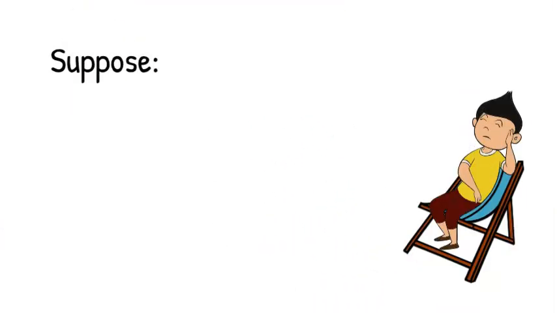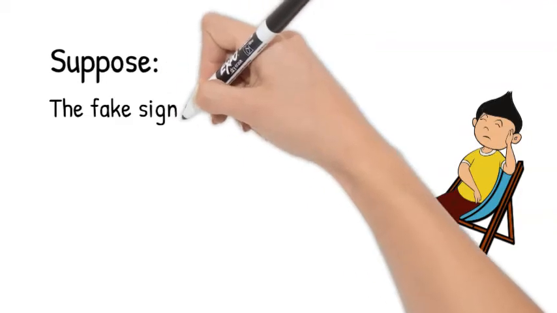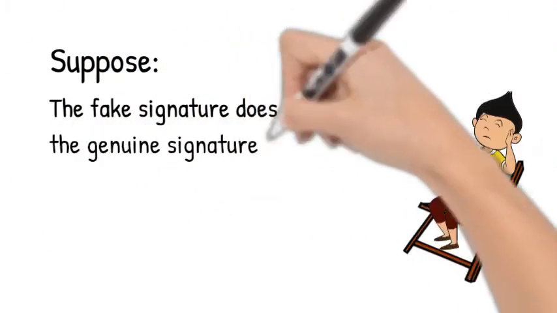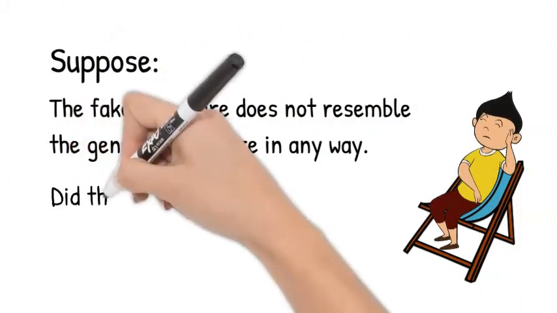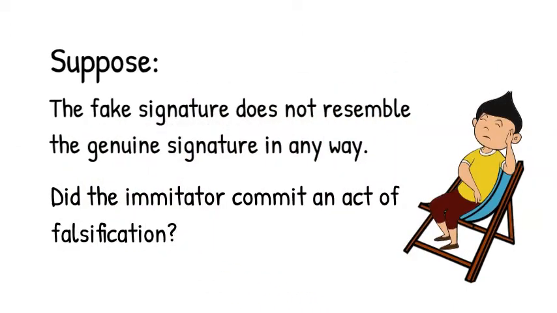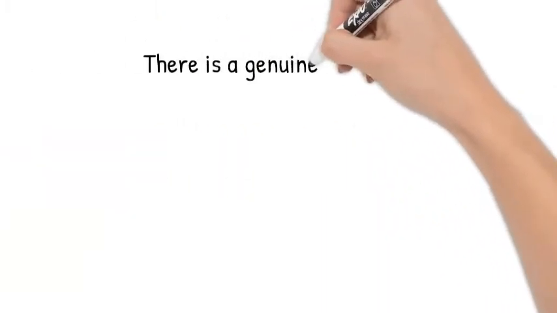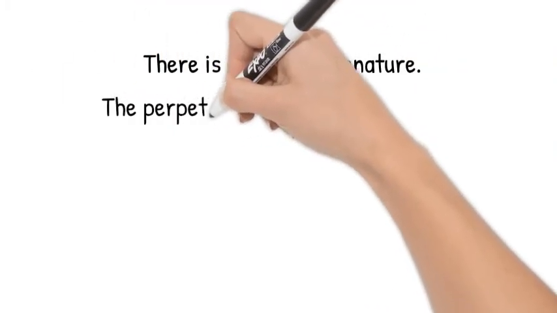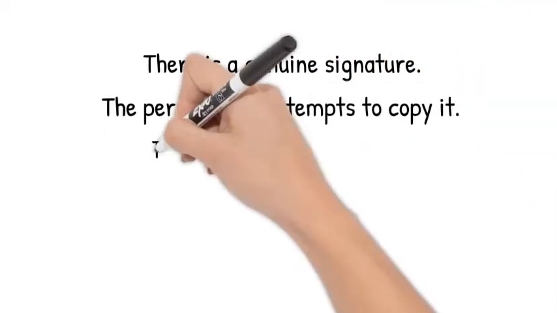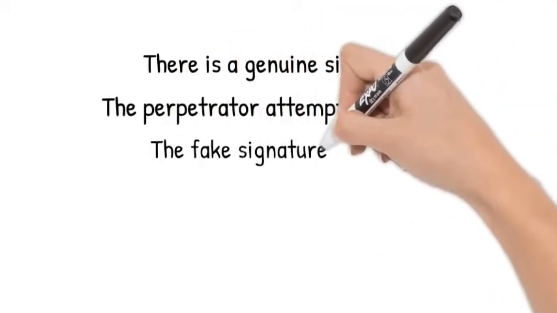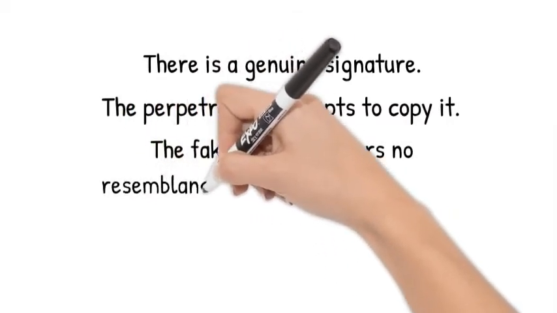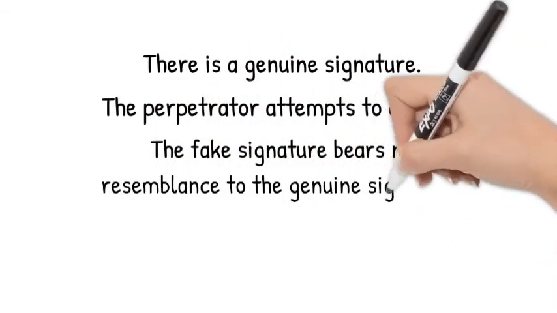But let us suppose that the fake signature does not resemble the genuine signature in any way. Did the person copying the signature commit an act of falsification? I am not talking here about feigning a signature. I am talking about imitating. There is a genuine signature, and the perpetrator makes an attempt to copy it. But the fake signature that he creates bears no resemblance at all to the genuine signature.